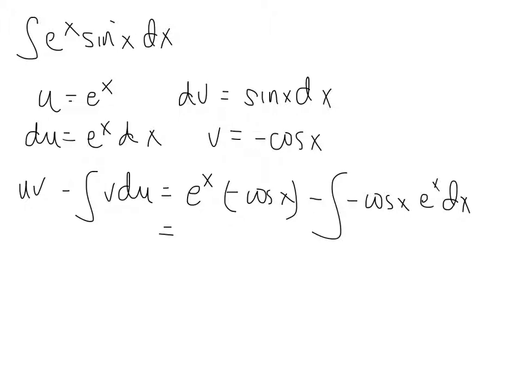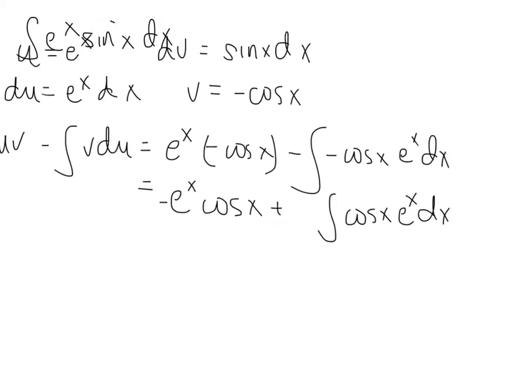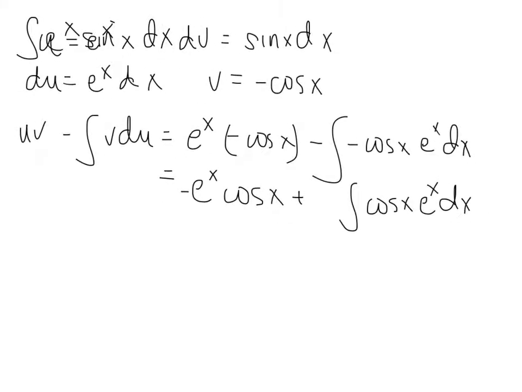This is the same as negative e to the x cosine x plus the integral of cosine x e to the x dx. Unfortunately, we cannot integrate cosine x e to the x dx directly.